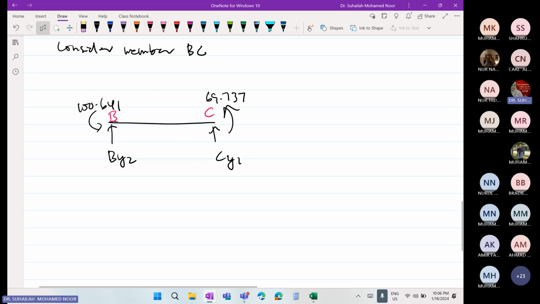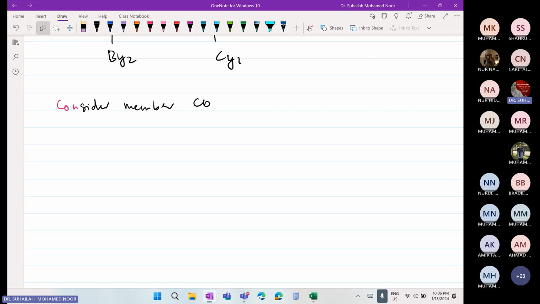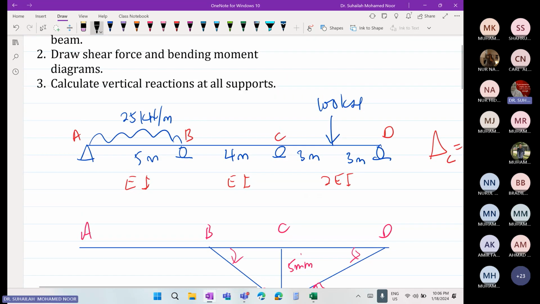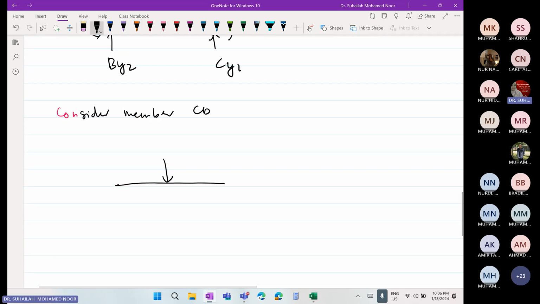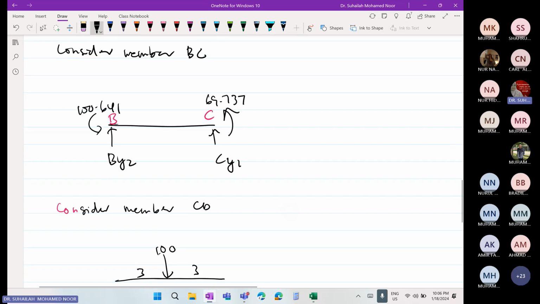Okay, we consider member CD. So member CD has a point load, and the point load is 100 at 3 meter.